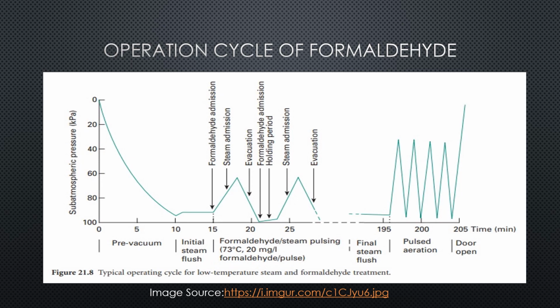And finally again the sterile air is moving through the chamber so as to maintain the sterility as well as the safety of the personnel and the safety of the products.